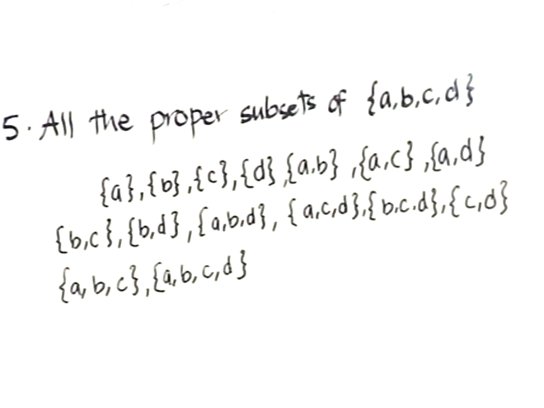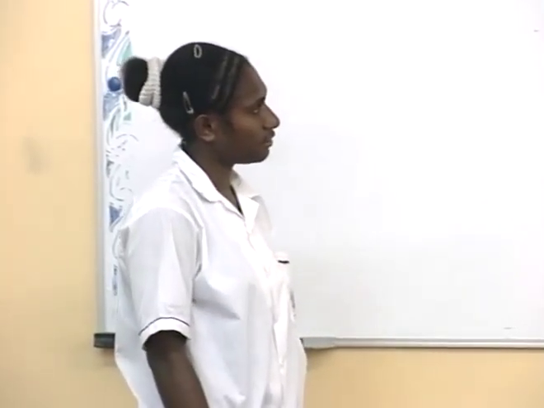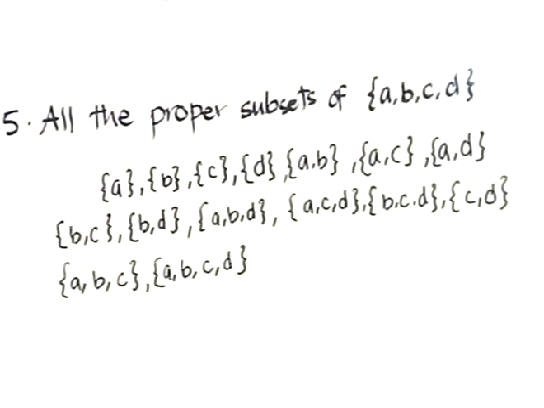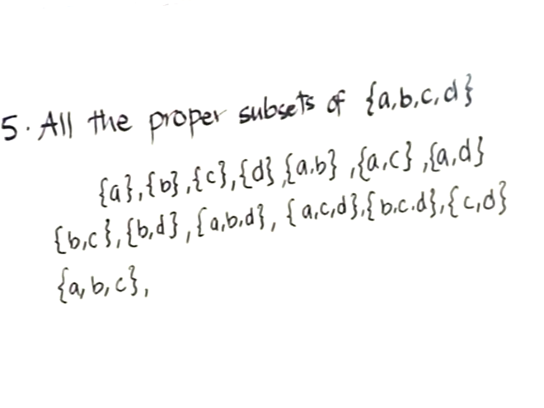What about the null set? How many sets are there altogether? No, it's not. So it's A, B, C, D. Last one, 2 is not a proper subset. There. Only the proper subsets.